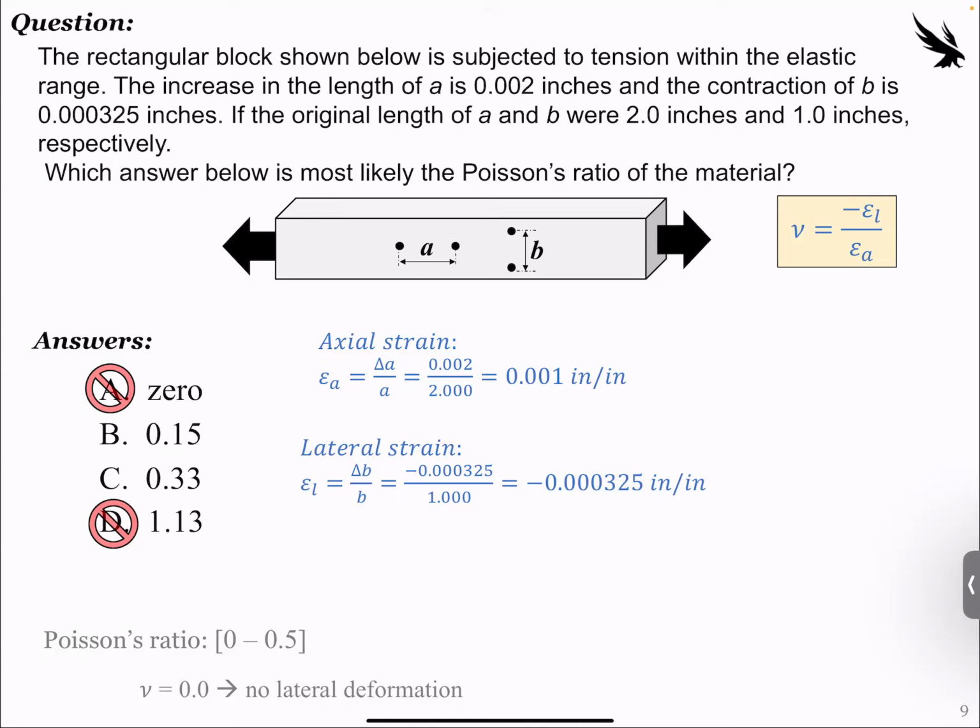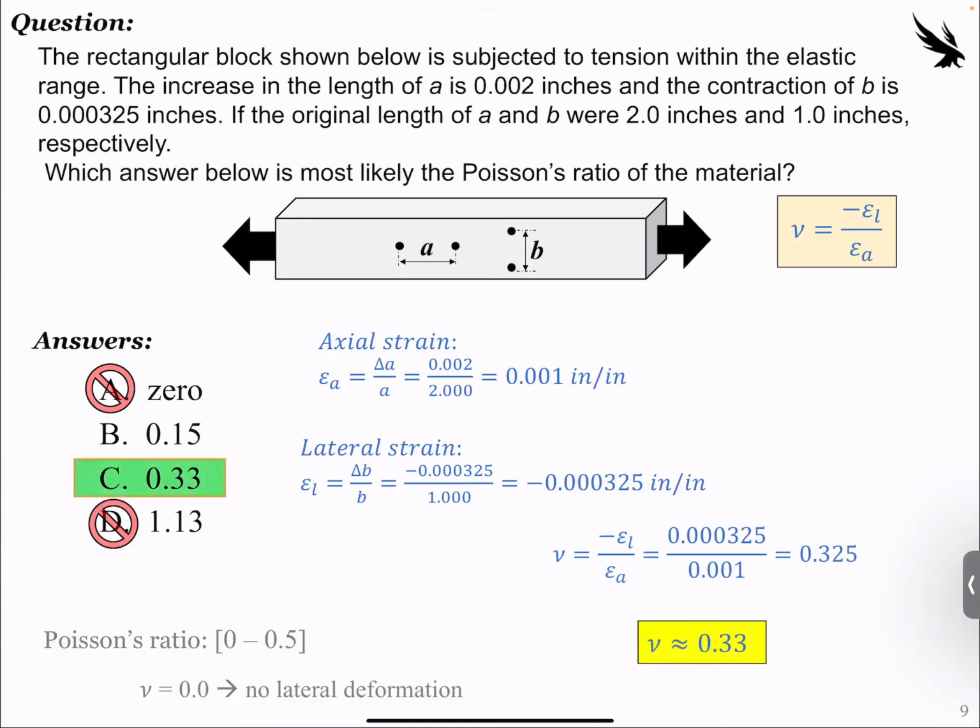Then we have a really low number here. For the Poisson's ratio, we put these numbers over each other. Remember, it's always lateral over axial. It should spell out "la Poisson." What we have is 0.325, or 0.33, and we can pick our answer there. So we were able to remove two of our potential answers right off the bat just knowing the theory of Poisson's ratio.